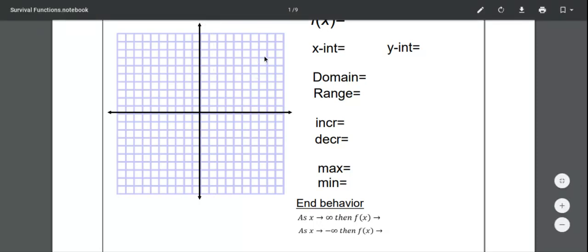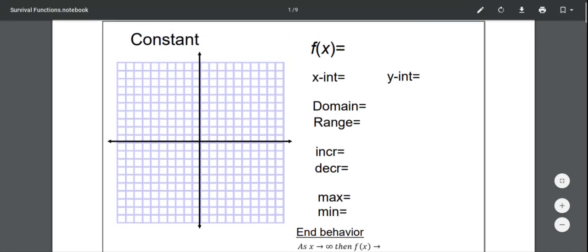So first of all, the constant function is f of x equals, let me get this out of my way here. My board is not working. Okay, f of x equals c. Of course, not working.